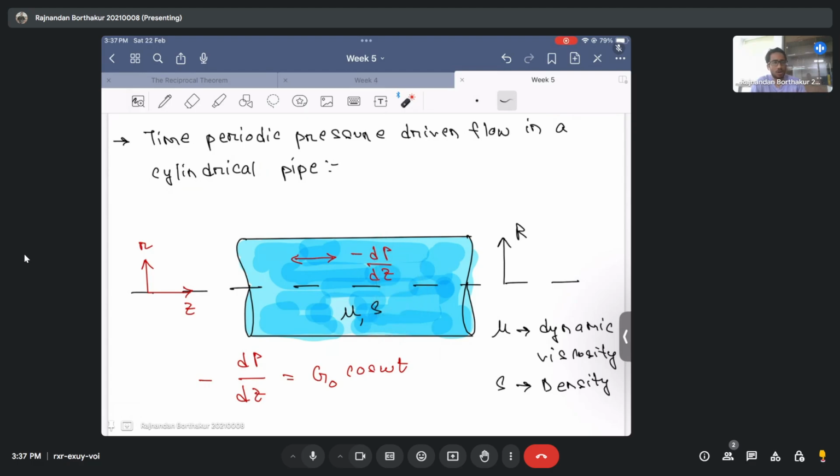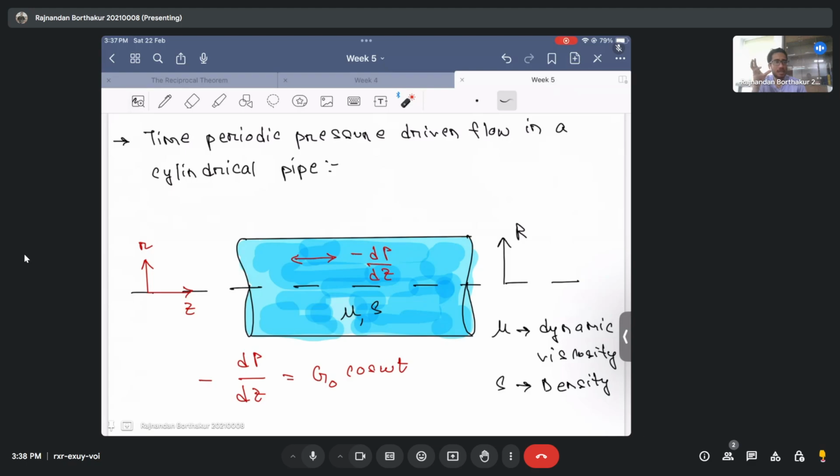And we solved the usual second order ordinary differential equation governing the z direction velocity of the flow. And then we saw that uz is essentially a function of r square, which argued that the velocity profile is parabolic. Now, this was the special case when the pressure gradient is just a constant, G naught.